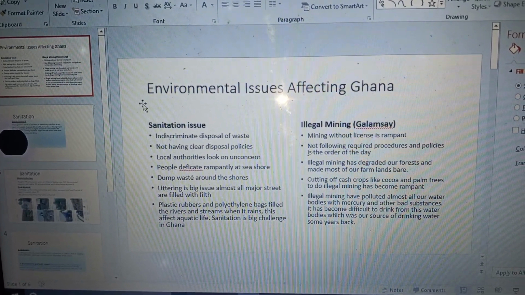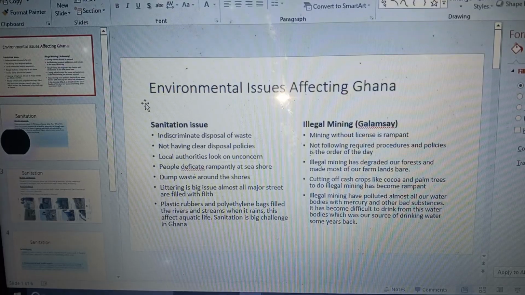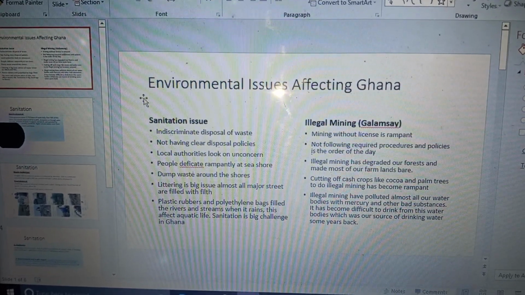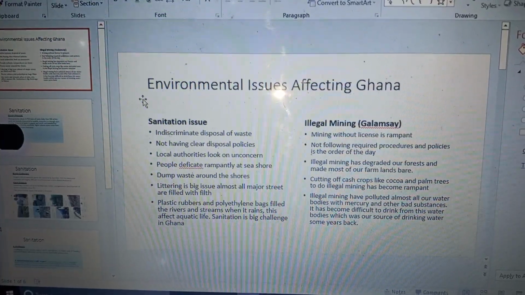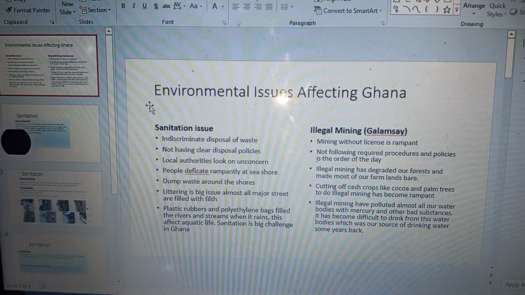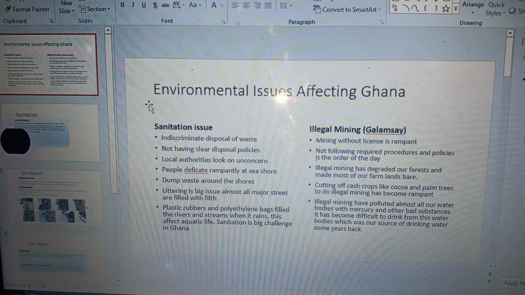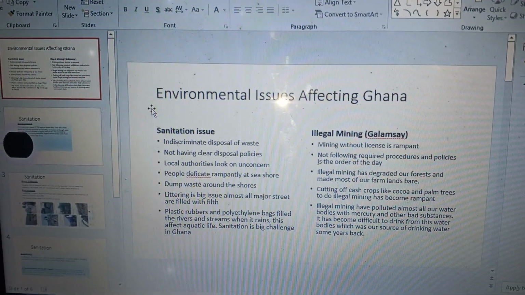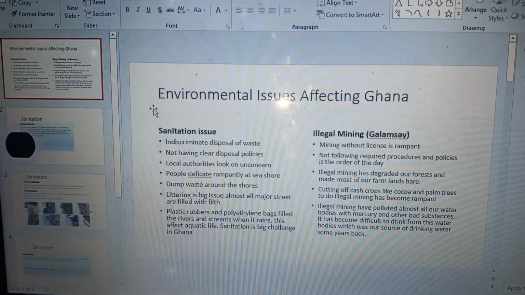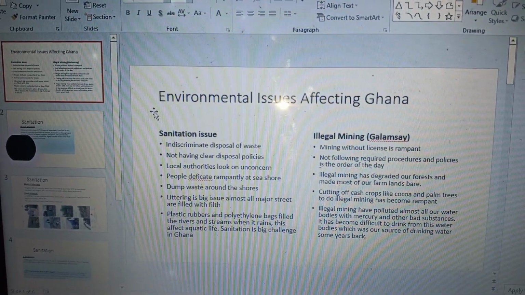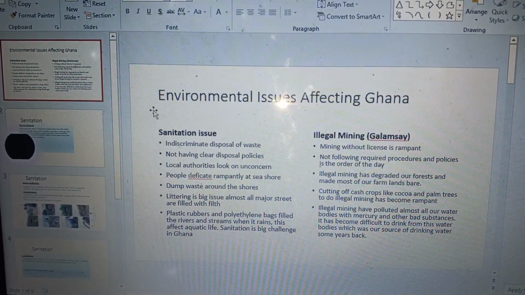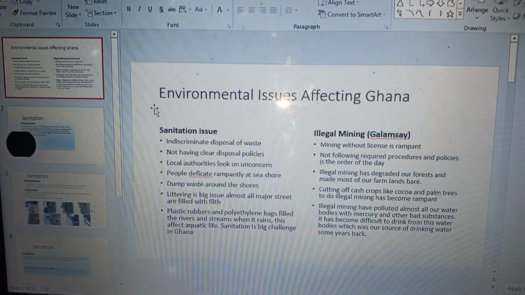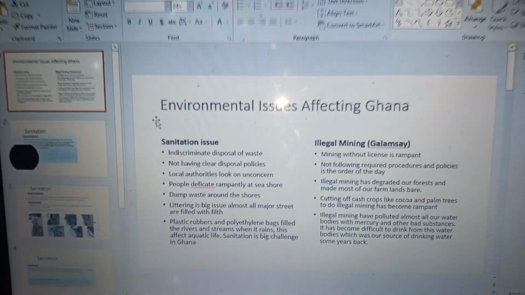People indiscriminately dispose of waste around, and often the local authorities look on unconcerned, with no clear-cut policy to deal with sanitation. Sanitation is a big problem causing environmental issues in my country.